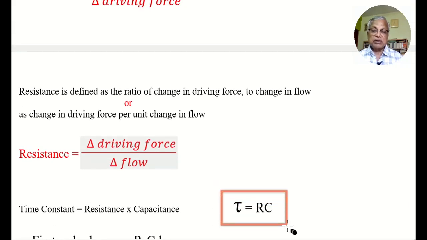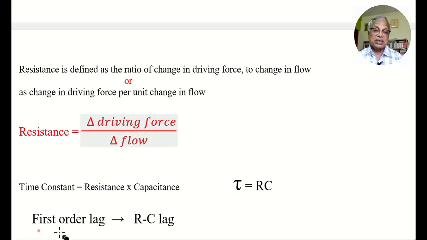So the first order time constant is the product of the two terms, R and C. Therefore the first order lag is also known as RC lag.